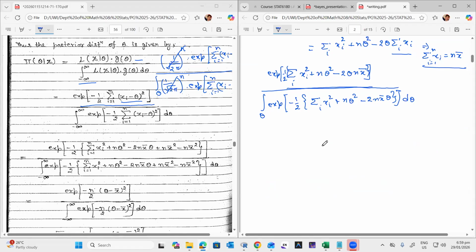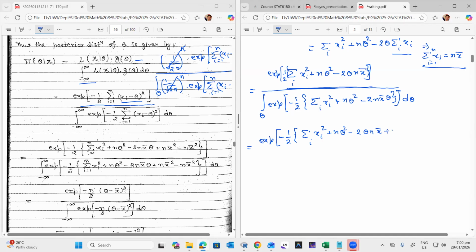Alright, so now what we will do, we will multiply and divide, we will add and subtract n x bar square in the numerator and denominator both. So it will become exponential minus 1 by 2 summation over the range of i xi square plus n theta square minus 2 theta n x bar.